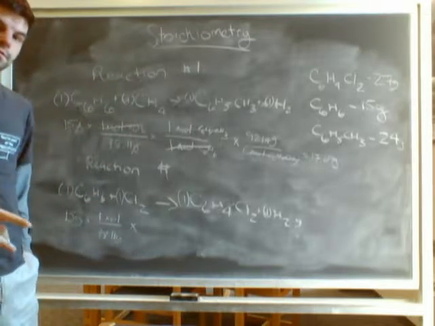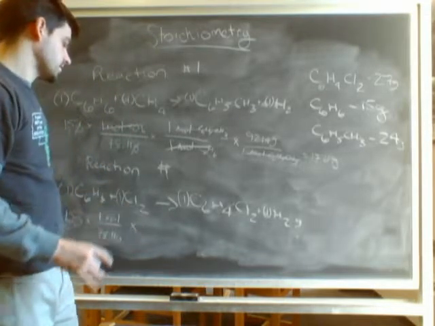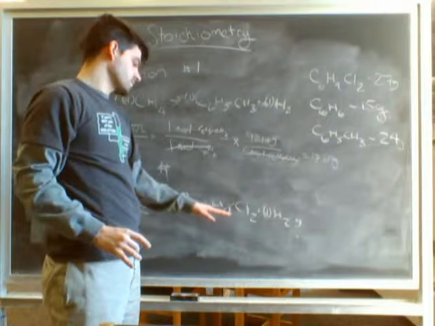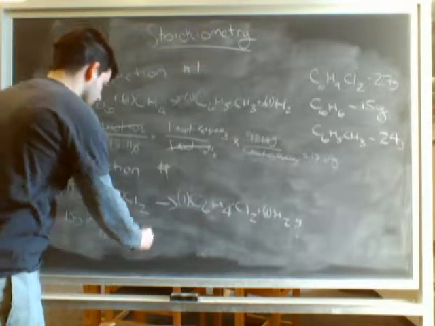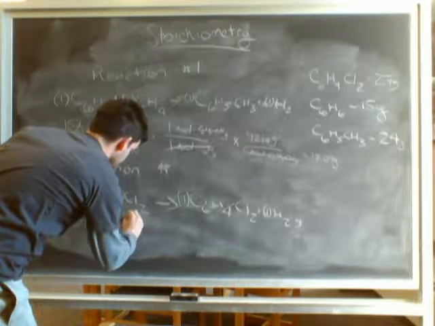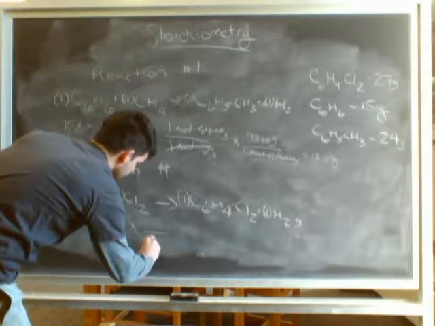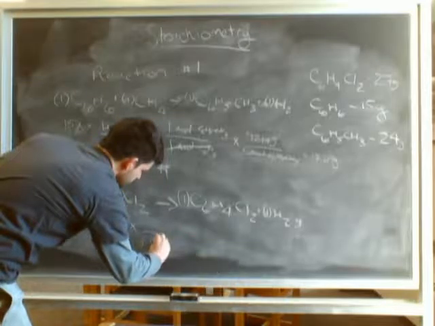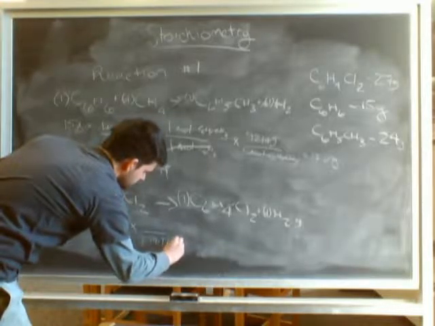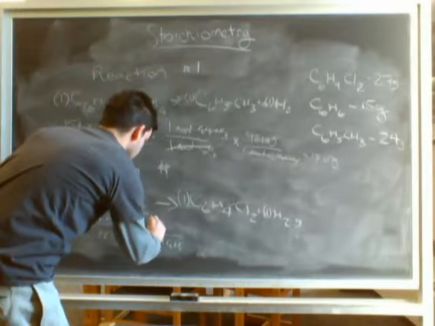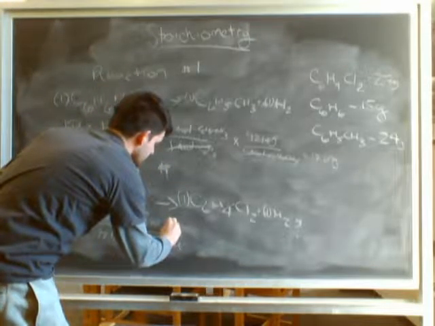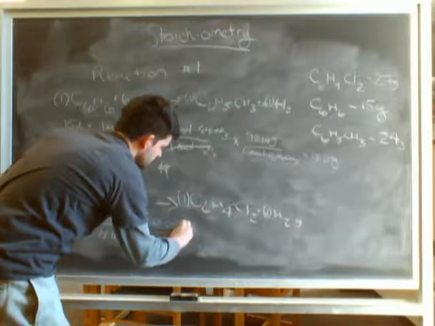Again, we can use the stoichiometric coefficients to convert from 1 mole compound to another. So we can say that 1 mole of C6H6 is equal to 1 mole C6H4Cl2.